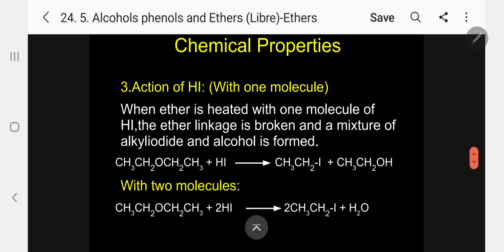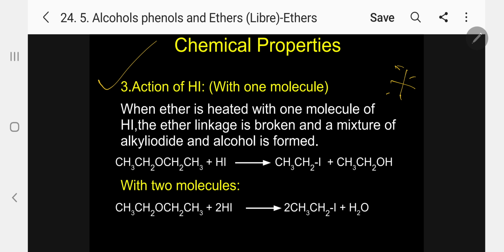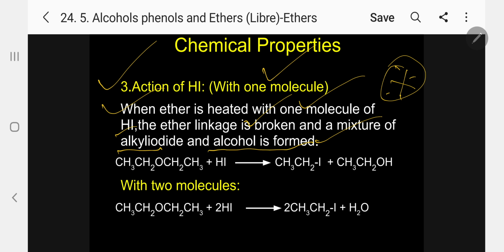Formation of halide. Again, under the formation of halide, action of HI is the most important. Normally, a question will be asked, because this can be used as a test for ether. When ether is heated with one molecule of HI, the ether linkage is broken because it is a strong acid, and a mixture of alkyl iodide and alcohol is formed.